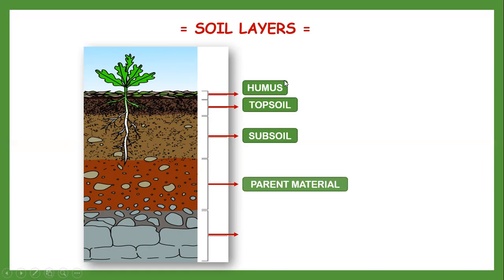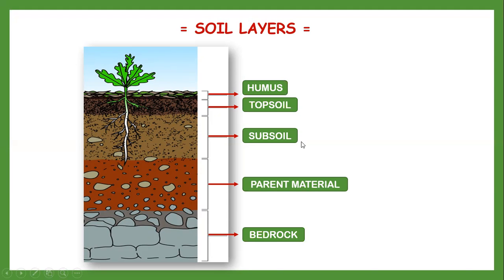The fourth layer of the soil is called parent material. Parent material. And the last layer of the soil is called bedrock. Bedrock. So these are the soil layers.